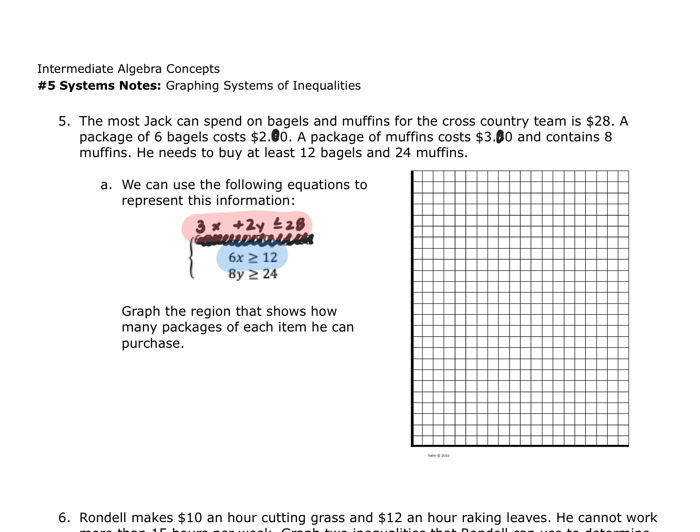So when you have 6 bagels in each package, x wants to know how many packages we're going to buy, but we need to have at least 12. And then the 8y is greater than or equal to 24. That's our muffins. So we want to have at least 24 muffins. So we want to know how many packages of muffins we have to buy.